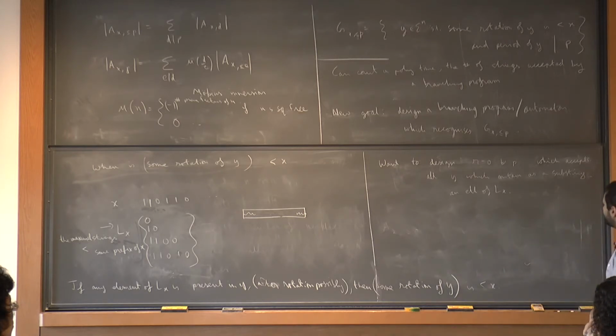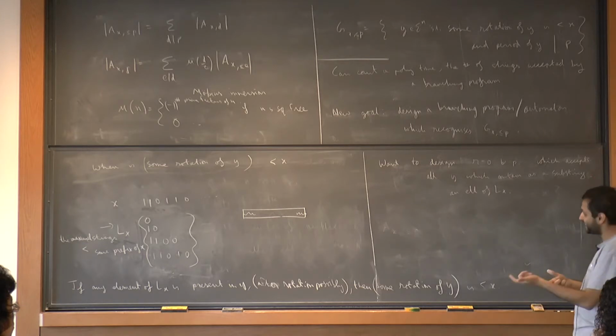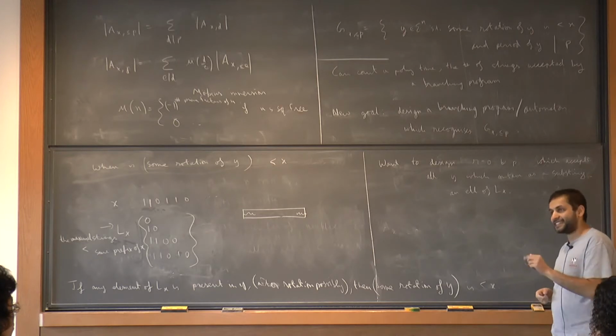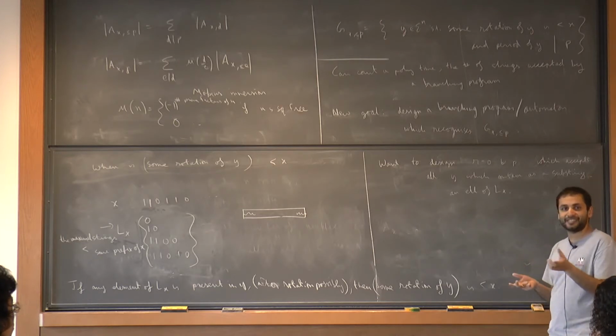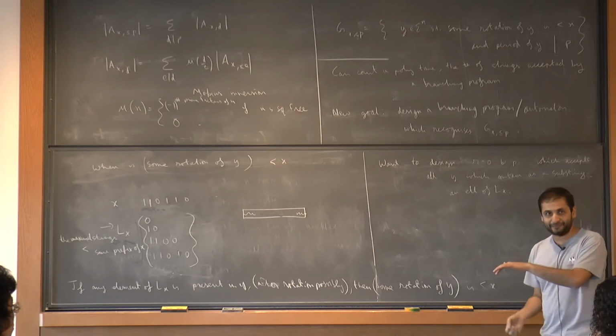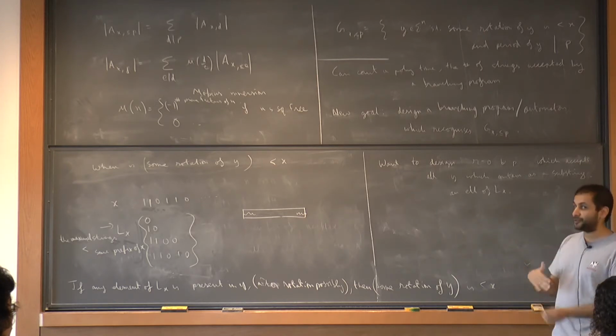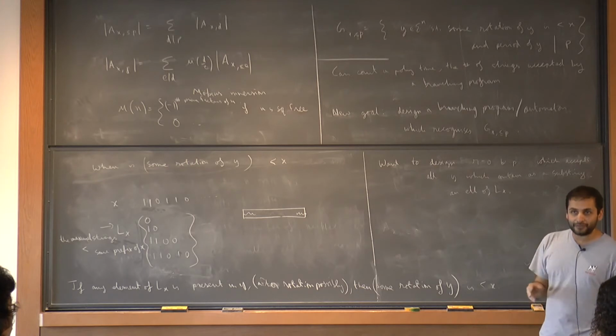So we've all constructed automata, or at least we've taught that you can recognize all strings which contain ABBA, for example, as a pattern. Now I have a collection of poly n such strings, and I want to recognize if any of them occur.